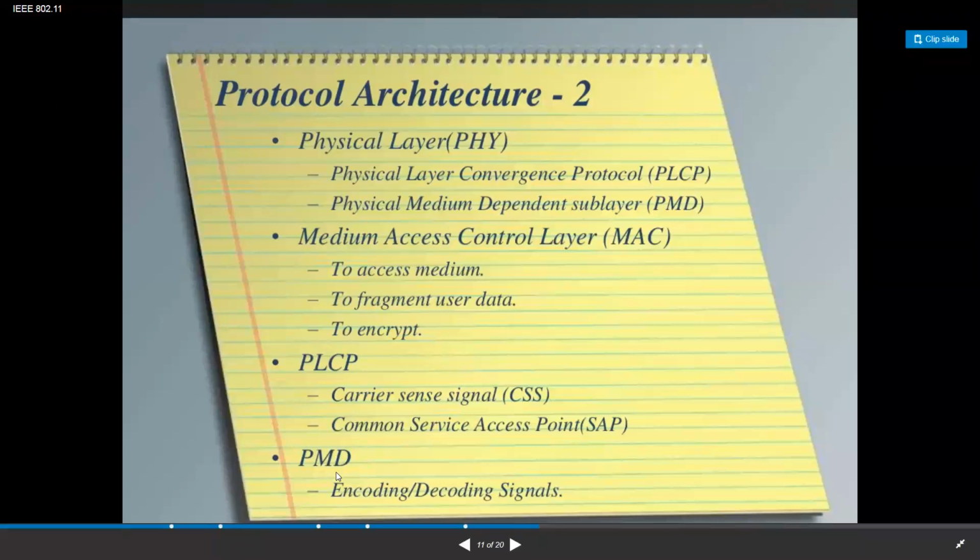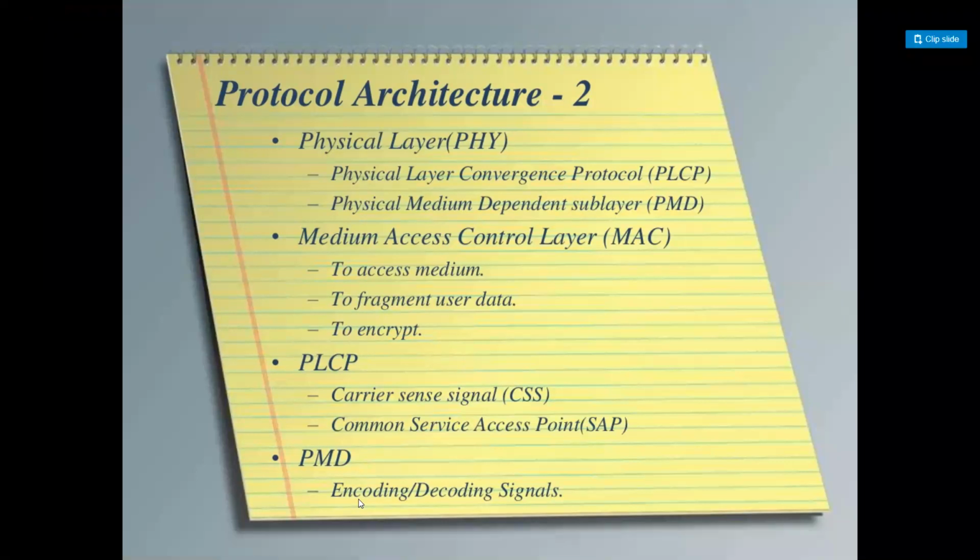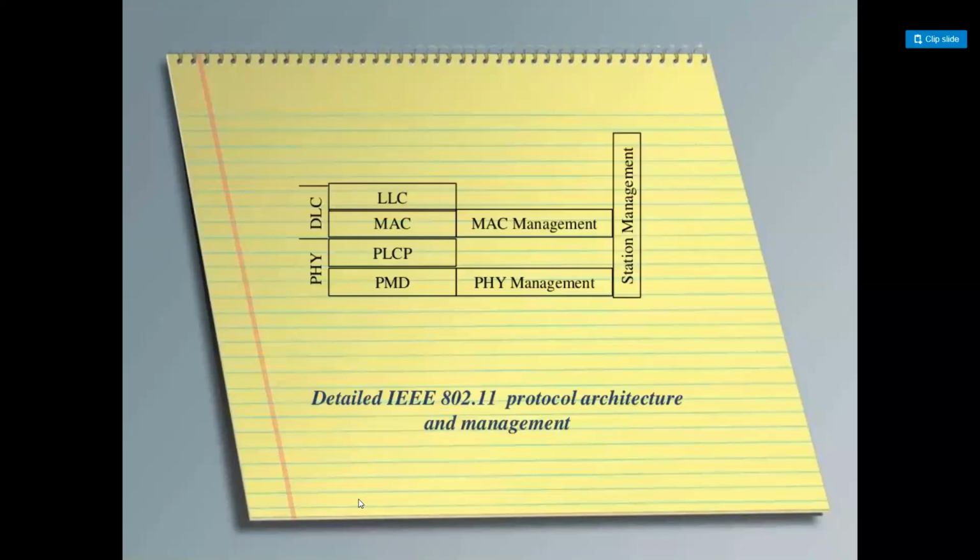Now coming to the PMD sublayer, it will do encoding and decoding of the signals. Why? Because it is the below sublayer of the physical layer. The next immediate to PMD is the transmission medium. That is the reason why it is responsible for encoding and decoding the signals.